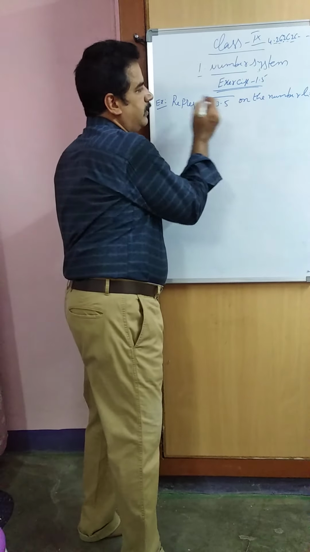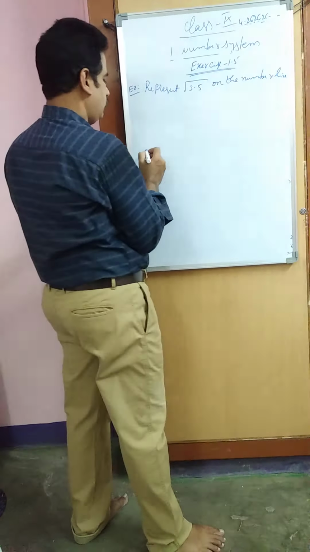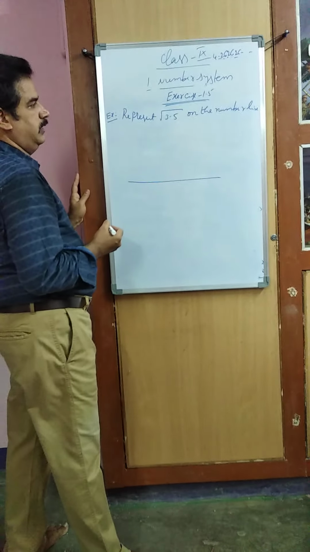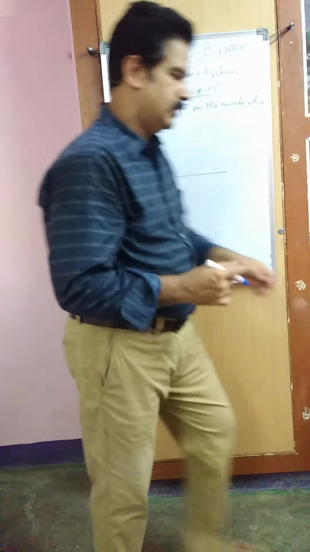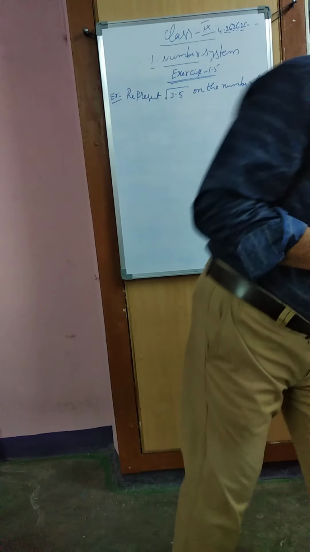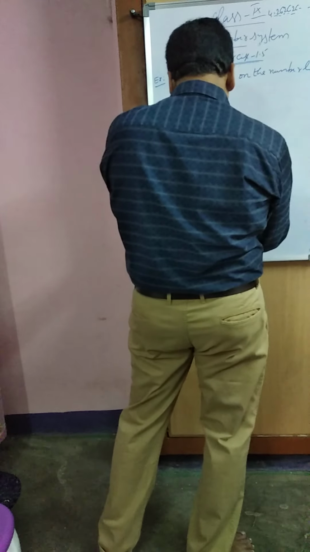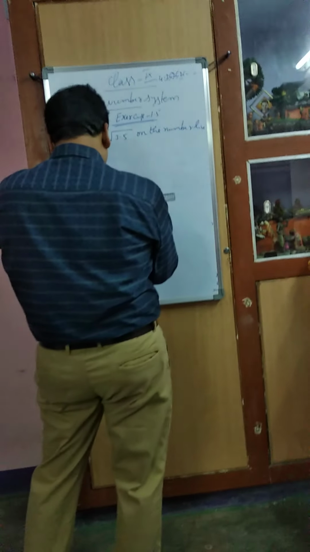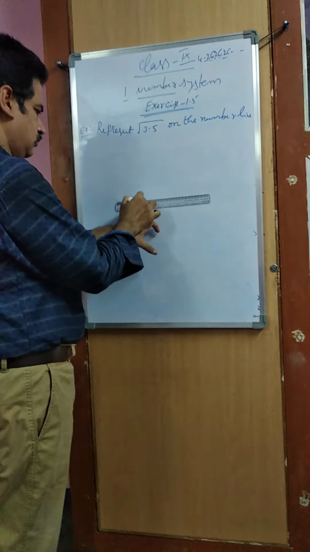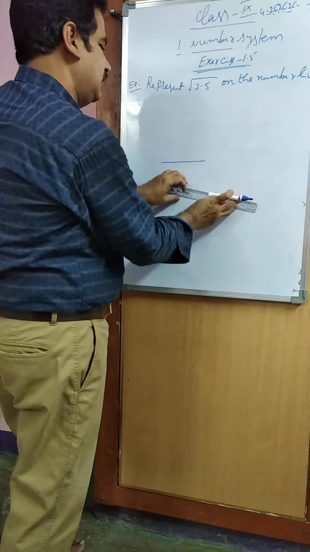Now here, 3.5 means, first take a line segment of 3.5. Draw a line segment with 3.5.